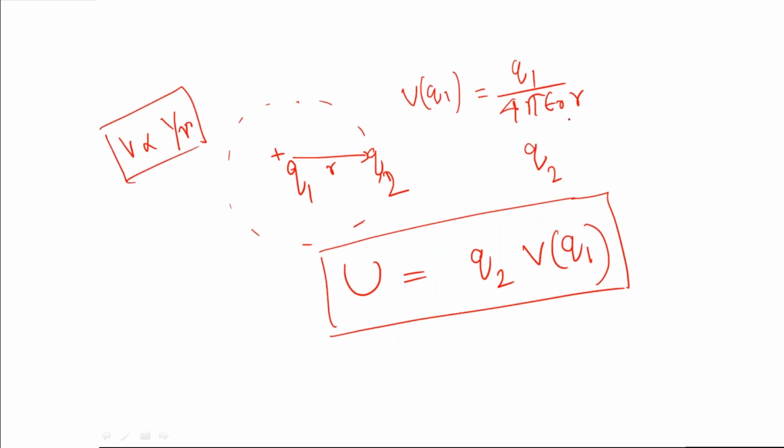Now if we put this value, you will get q1 q2 by 4 pi epsilon naught r. This is called potential energy: the charge into the potential created by the other charge.